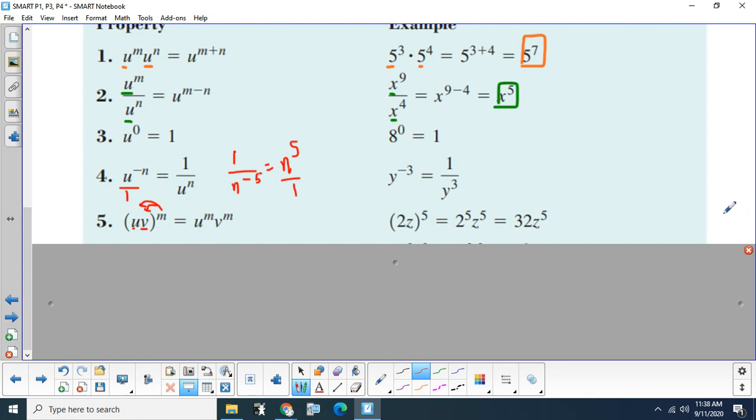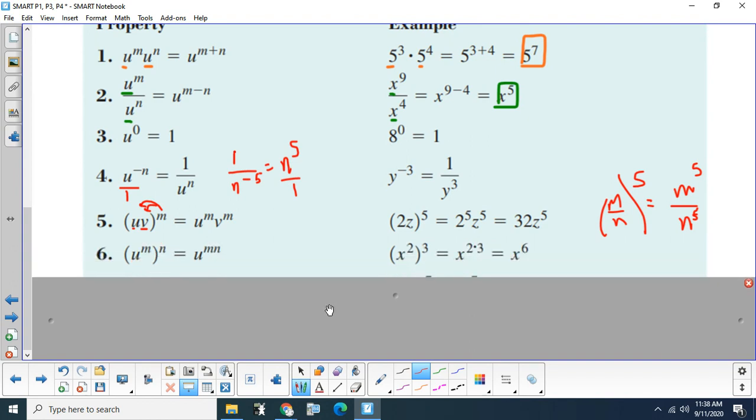So let me give you an example of what it would look like if you were dividing. If I had m over n, all to the power of 5, you could write that as m to the 5th over n to the 5th. There we go. And so that power, again, got brought into both terms. But that only works when you're multiplying or dividing.